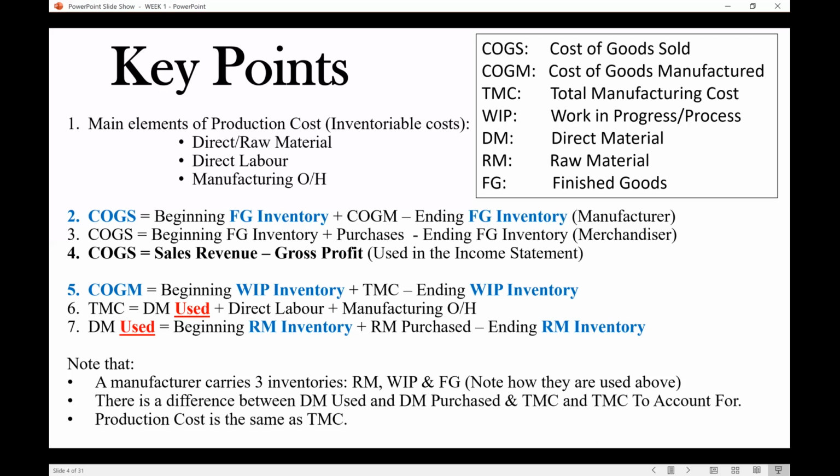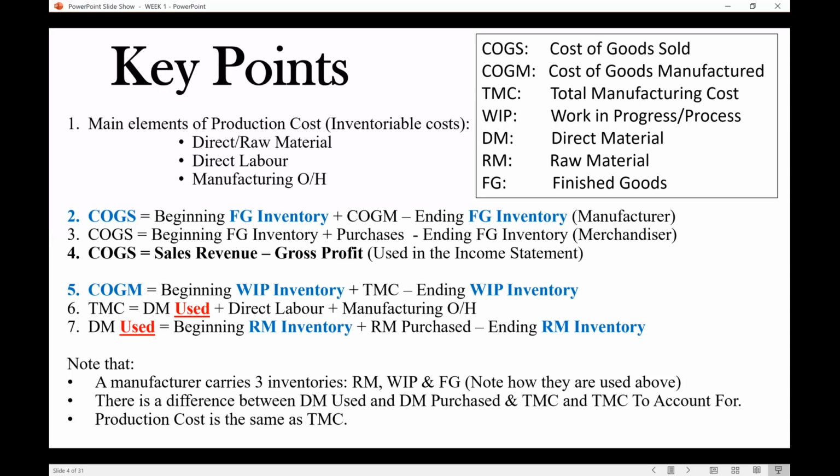A few other points are knowing that there's a difference between raw materials used and raw materials purchased. There's a difference between total manufacturing costs and total manufacturing costs to account for. And we spoke to that. The direct materials used is what you use to make these goods. Direct materials purchase is the additional inventory that you purchased.